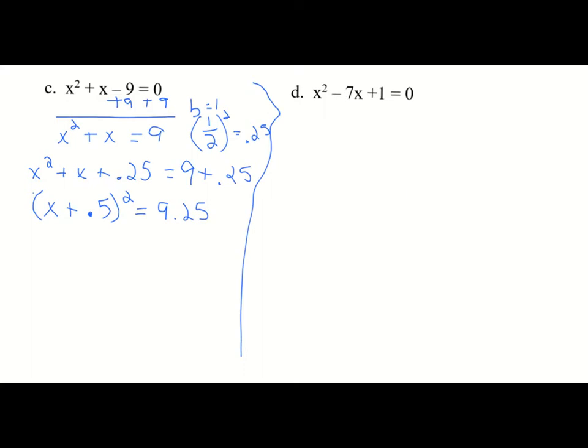So now we're going to take the square root of both sides. And that will give us x plus 5/10 is equal to the positive or negative square root of 9 and 25/100. And when we go, we're going to move the 5/10 over, so I'm going to subtract 5/10.